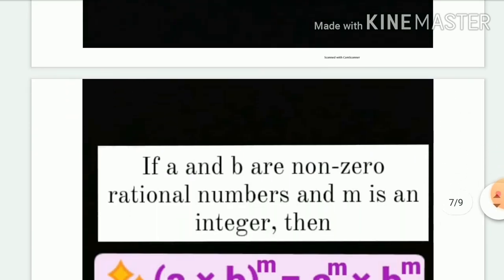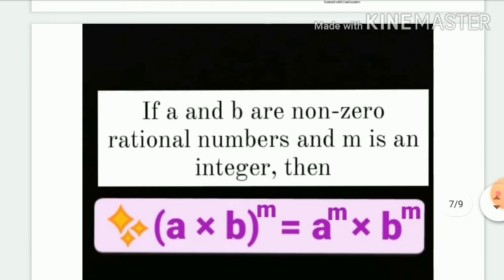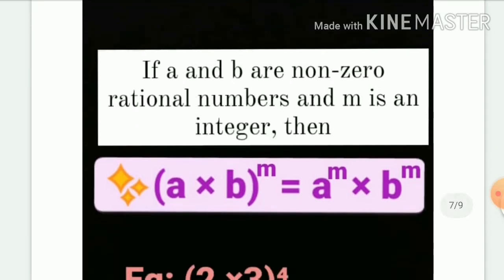Now let us see. That time we were dealing with the same base and different index. Now let us see what is different. For the next law, we are taking two different bases.